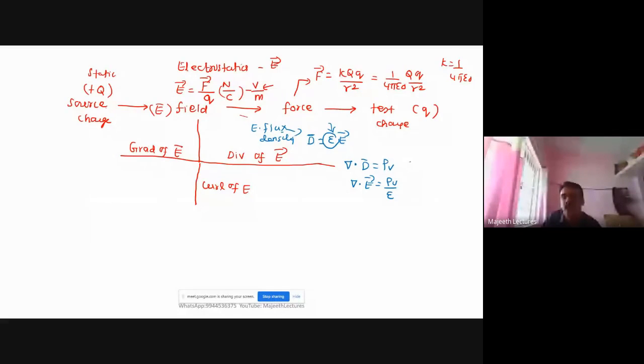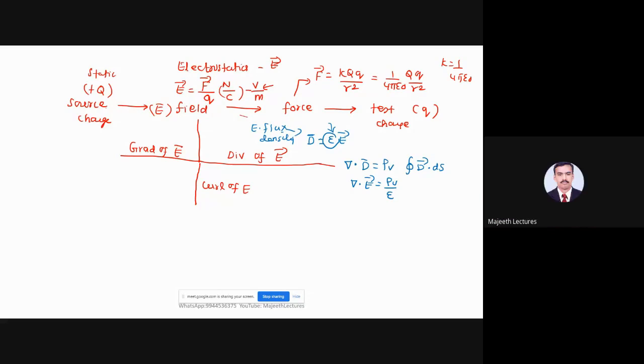Another form is closed integral D dot dS is equal to Q enclosed. Divergence of electric field here is not zero.